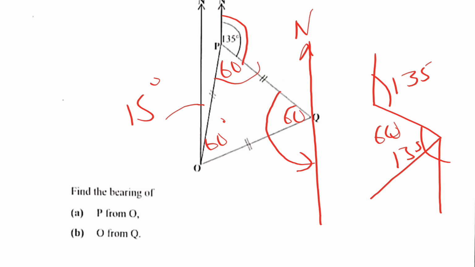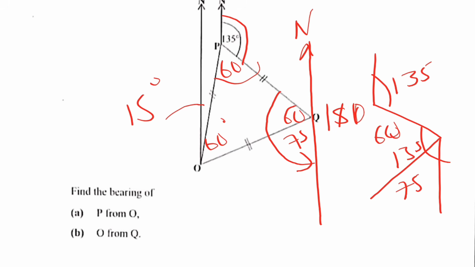So we need to subtract 135 minus 60. We are getting 75. So 75 is this angle, and even here this angle is 75. And we already know that this straight line is 180.